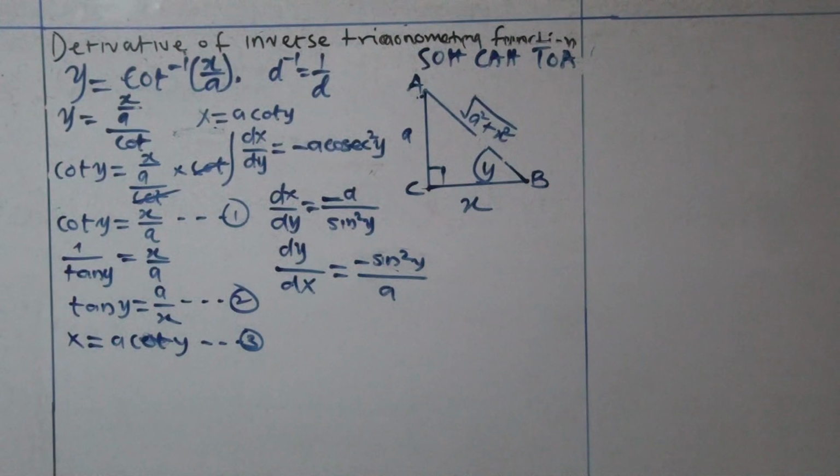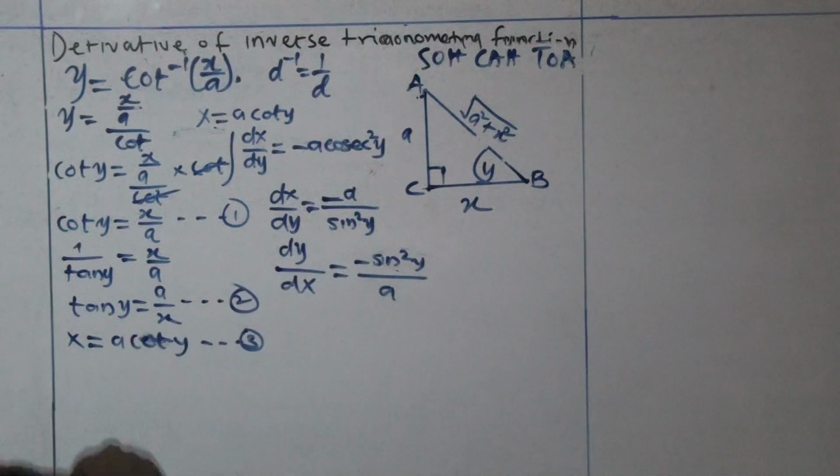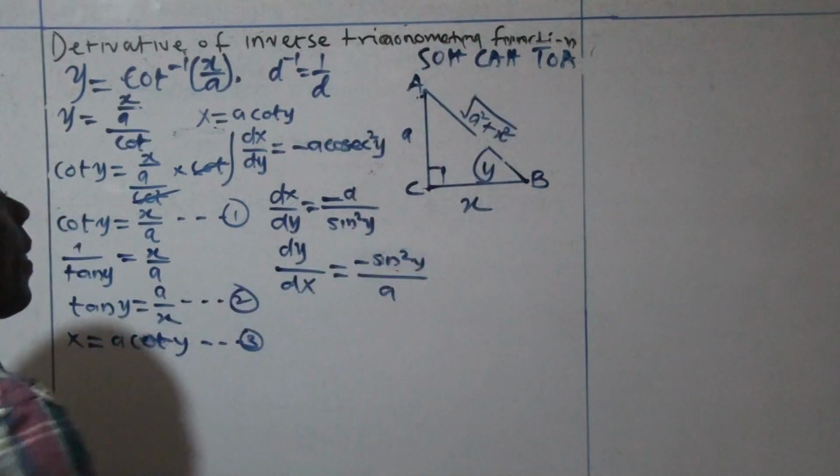Now we also go to the fact that sine is opposite over hypotenuse.